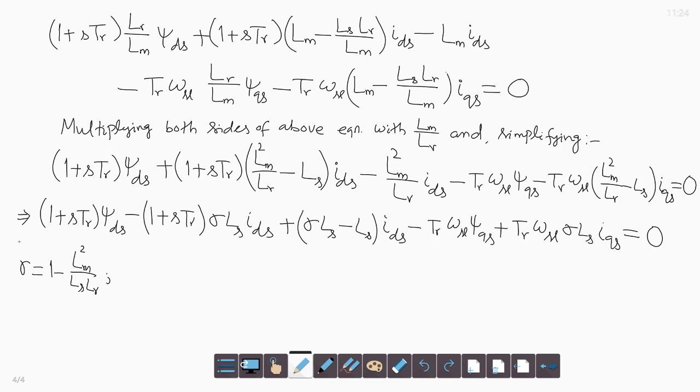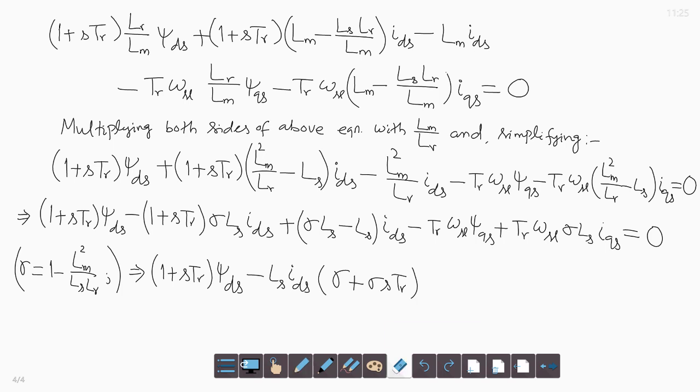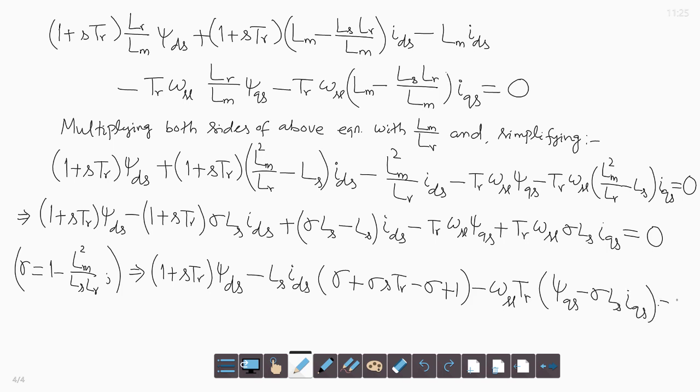So, from the above equation, we have 1 plus STR into psi ds minus Ls into IDS whole into sigma plus sigma STR minus sigma plus 1 minus omega SL into TR psi QS minus sigma LS IQS, this is 0. From our equation we get.